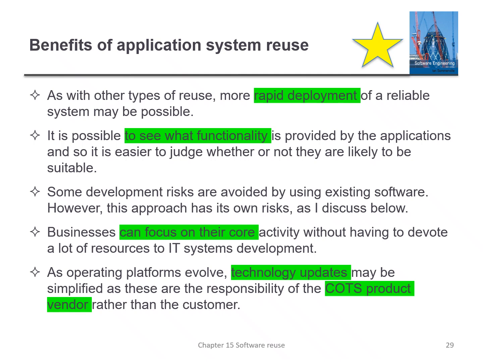And as the operating platform evolves, technology updates are simplified, as these are the responsibility of the commercial off-the-shelf product vendor. So whenever the technology changes, the changes fall on the vendor rather than on the customer, right?